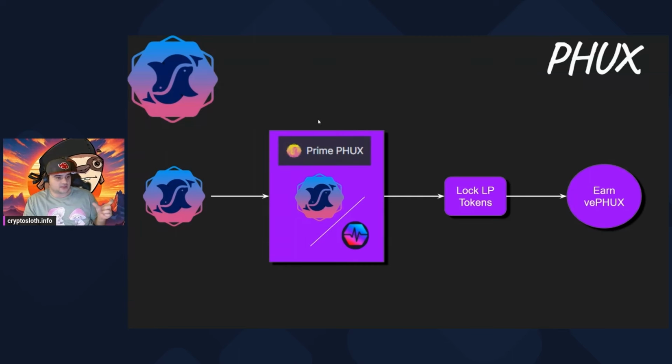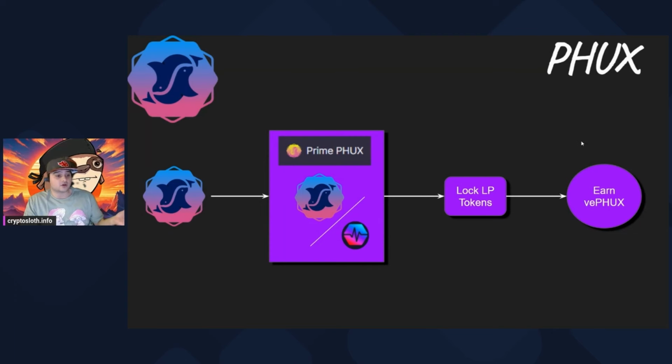The way you get that boosted liquidity is by taking that PHUX incentive token and pairing it in liquidity in this specific pool called Prime PHUX. It's an 80-20 pool where 80% of the tokens are the PHUX tokens and 20% is in the Pulse Chain tokens.